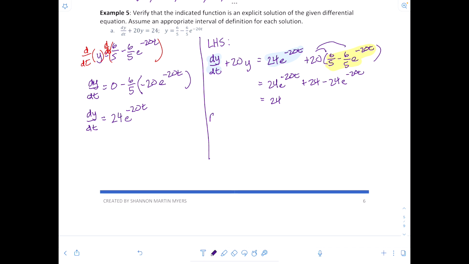So the right-hand side is what? So easy it's hard, right? 24, which equals the left-hand side. So we have verified that y is an explicit solution of our differential equation.